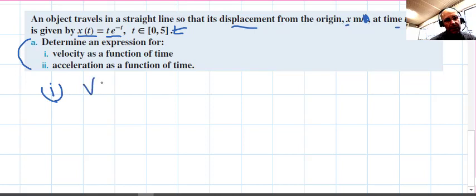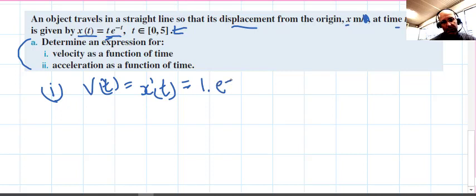So velocity as a function of time is the derivative of displacement with regards to time. We know that. And that will require the product rule. So the derivative of the first, which is 1, times the second, plus the first times the derivative of the second.